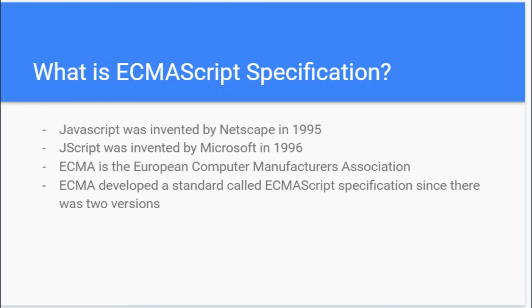Since there were differences in the two scripting languages, Netscape gave JavaScript to the European Computer Manufacturers Association, or ECMA, to develop a standard which was ultimately called the ECMAScript Specification. Since 1997, when it was conceived, there have been many versions which are supported on multiple browsers.